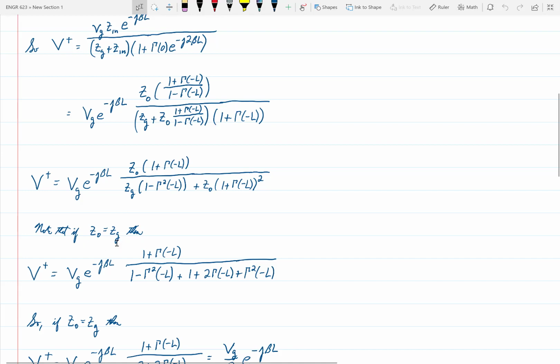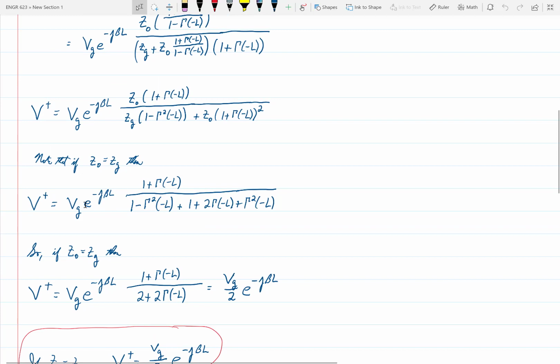So if Z0 is equal to Zg, then we can substitute Zg here and here, and then every term in this fraction will have a Zg in it, and we can cancel it everywhere.